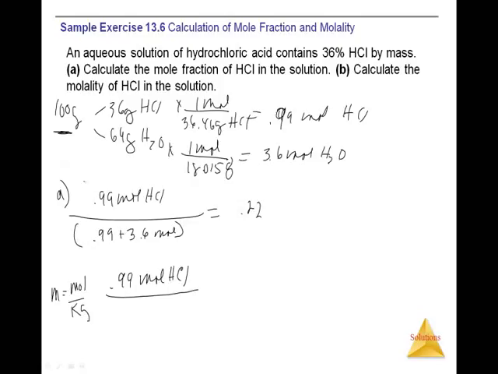So if I have 100 grams, I have 0.1 kilograms. No, I just want the solvent, right? So I just want the 64. So I have 64 grams of water, because this is kilograms of solvent. So this is going to be 0.064 kilograms. And if I divide all this out, I'm going to get 0.15 molal HCl solution.